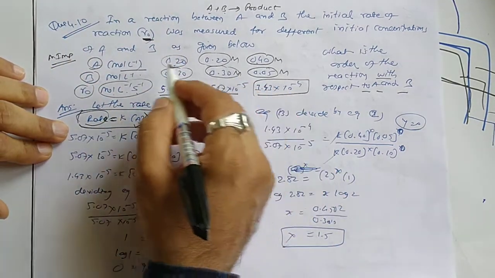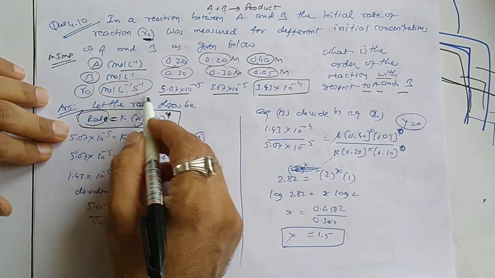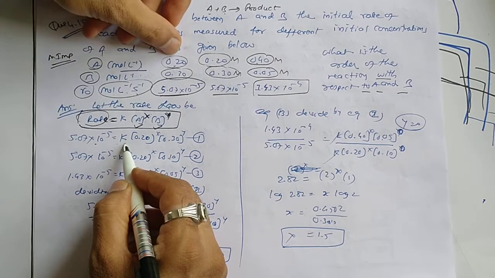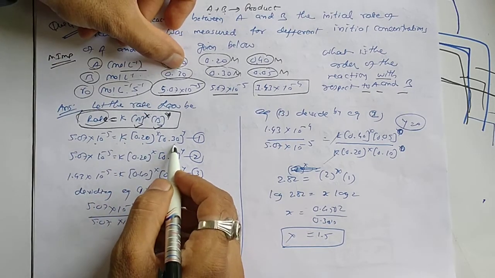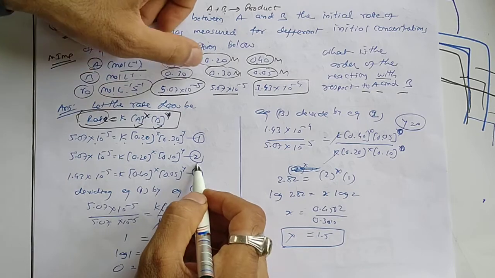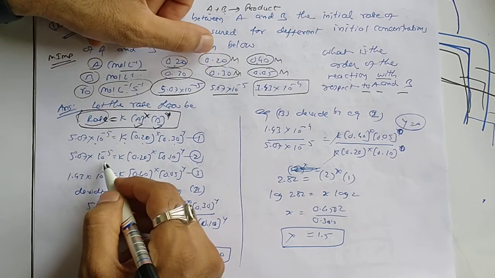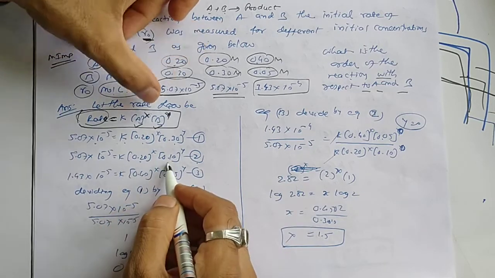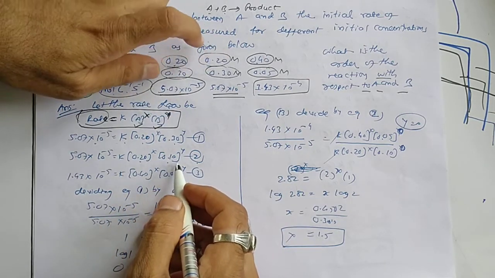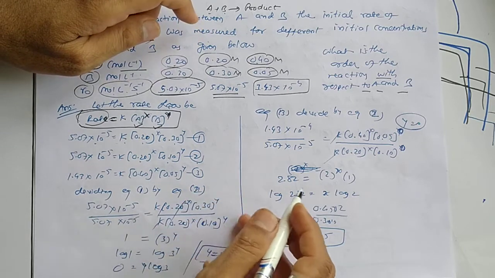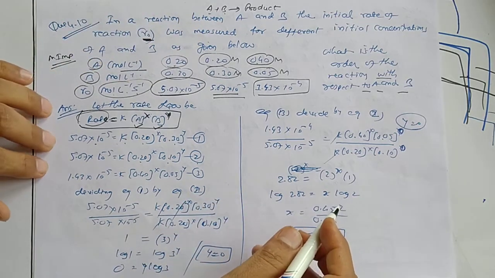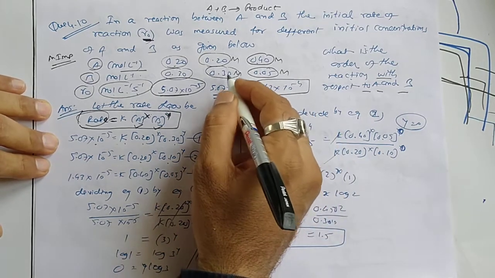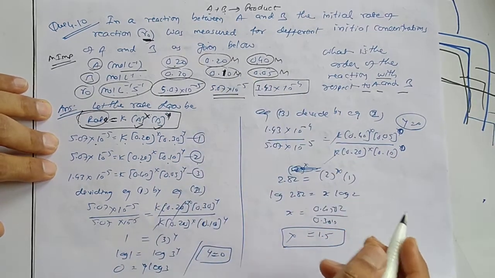Rate 5.07 × 10^-5 = K, with A 0.20 raised to x and B 0.30 raised to y. In the second experiment, rate 5.07 × 10^-5 = K, concentration of A 0.20 raised to x and B 0.10 raised to y.